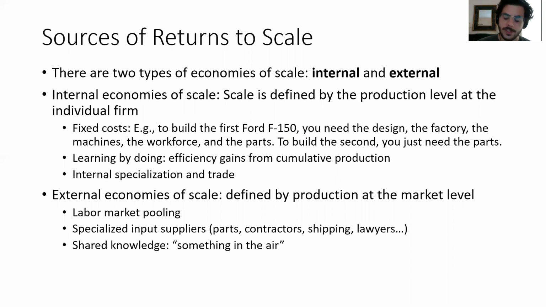So for example, in Silicon Valley, there's a large market of computer scientists, software engineers, and various people with specialized manufacturing experience. And all of that means that if you're going to start a firm in the high tech or semiconductor or software industry, you really want to be in the Bay Area or Silicon Valley because that's where the labor is going to be.